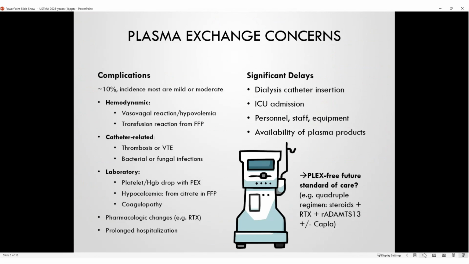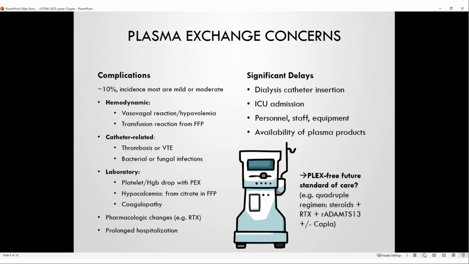And all of these processes can sometimes be associated with significant delays depending on the setting, including at tertiary referral centers or academic centers, not just in the community. In addition to delays, there's concerns about the complications. There's about a 10% reported rate of different complications associated with plasma exchange, although most are mild or moderate.